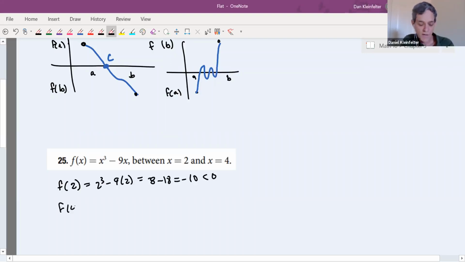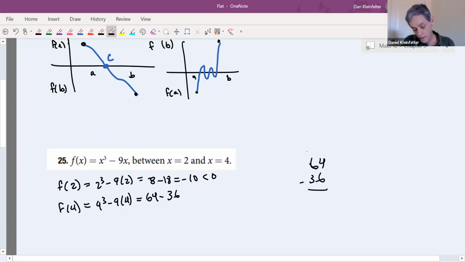And then f of 4 is going to be 4 cubed minus 9 times 4. That's going to be 64 minus 36. And that's going to be 28, which is positive.